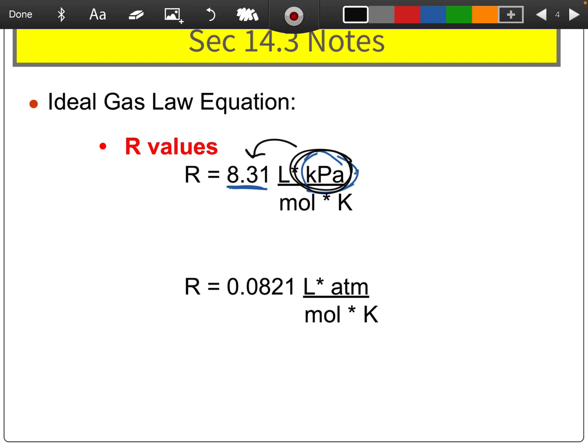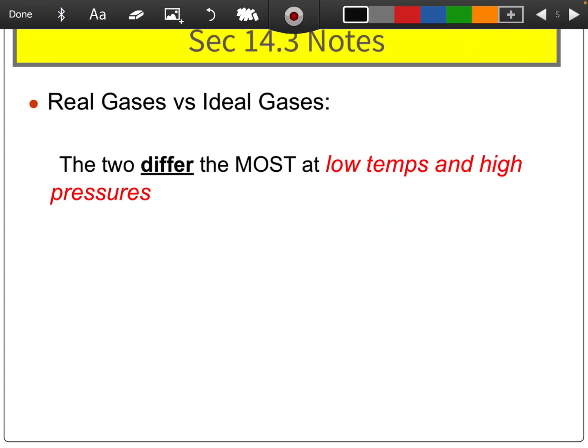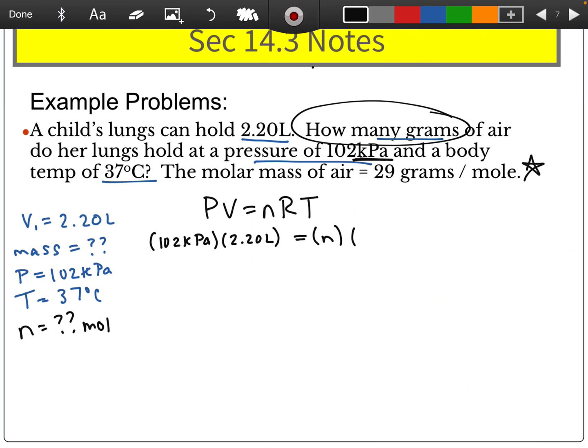So again, we're going to use 8.31 for the value for R. And that's liters times kPa over moles times Kelvin. And then our temperature, we have to convert to Kelvin, which would be 310 Kelvin.